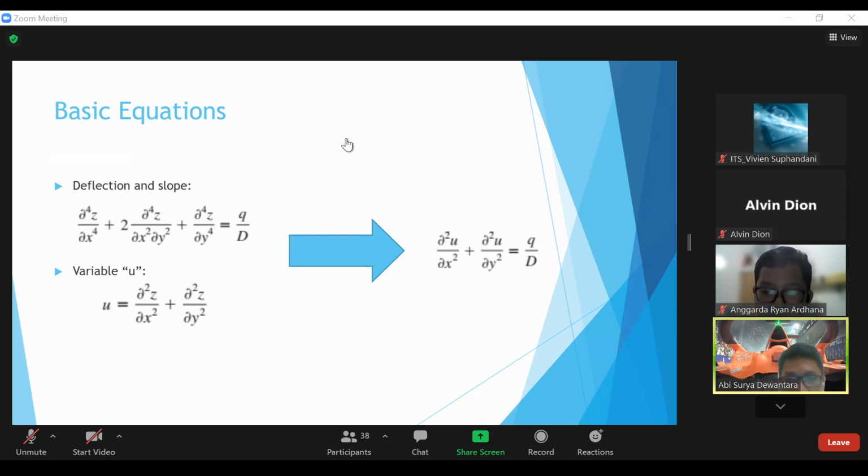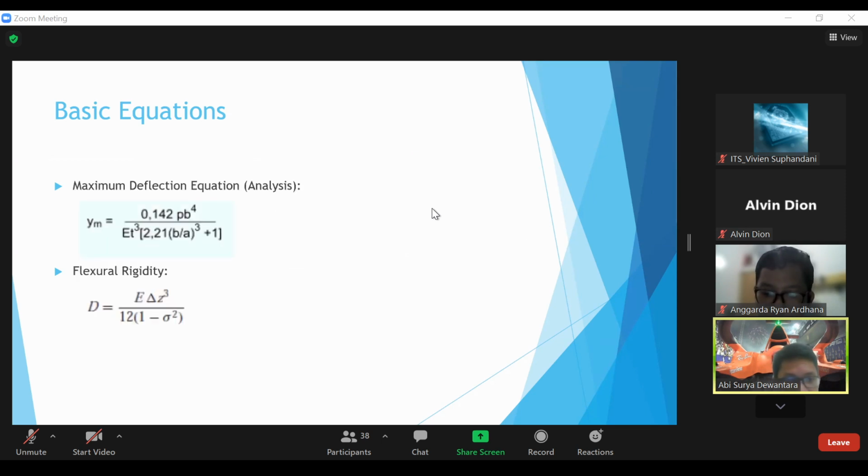D is, we can see in the next slide, the flexural rigidity. It is equal to E, the Young's modulus, times delta Z cubed, the thickness of the plate, per 12 times 1 minus Poisson ratio squared.